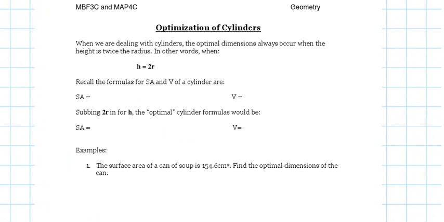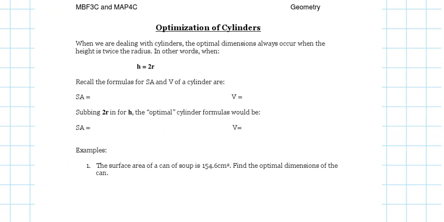And as you know, companies want to save money and they want to make sure that their dimensions are proper for that particular object. Okay? So if I'm looking for an optimal dimension for a cylinder, the height should be equal to twice the radius. Okay?